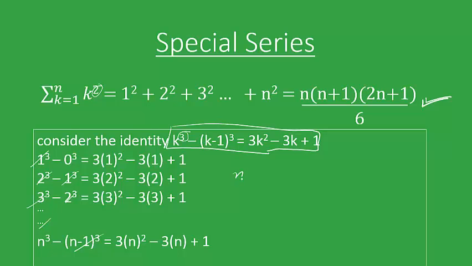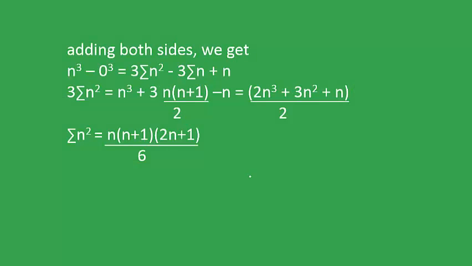So what we will have is n cube minus 0 cube equals 3 sigma n square minus 3 sigma n plus n. So sigma n, you know, is n into (n plus 1) by 2. So basically we have this particular thing.